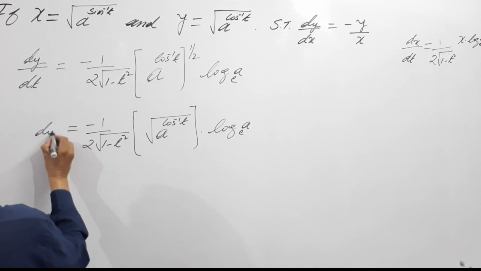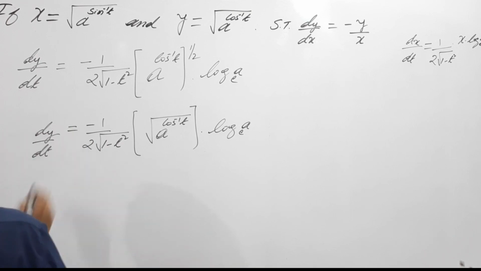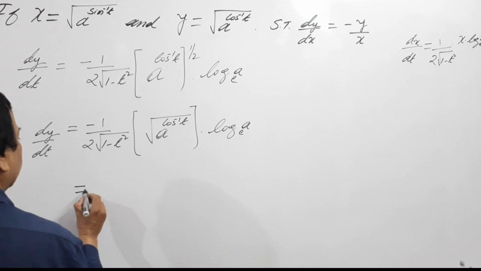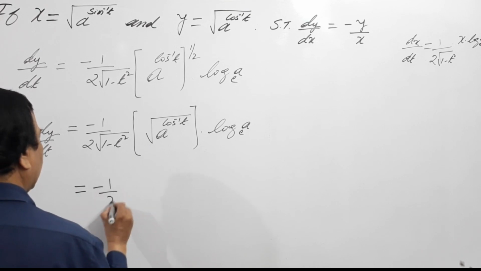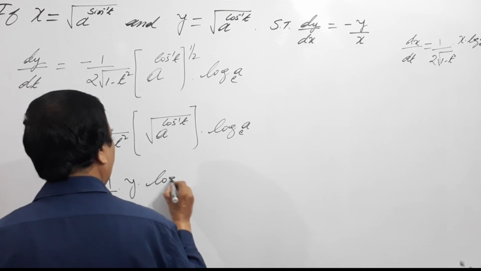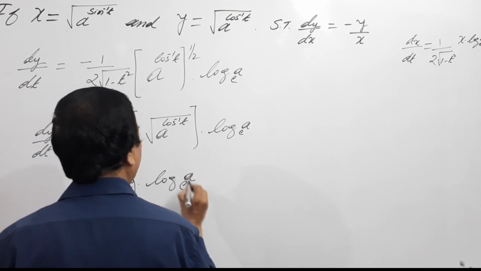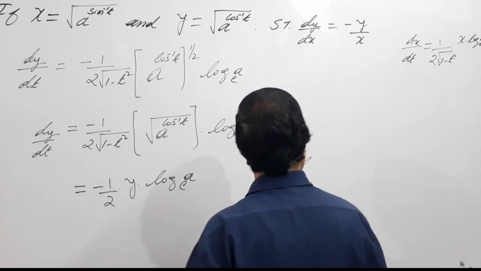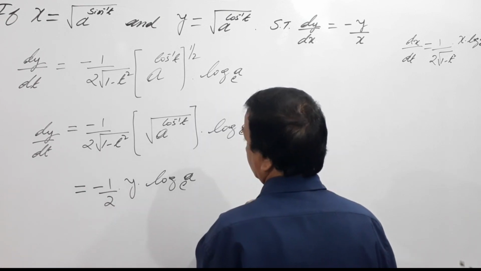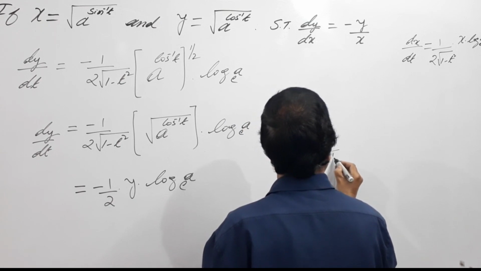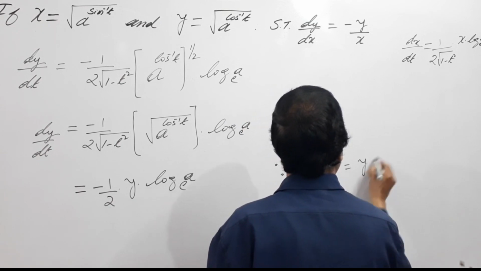This is our dy by dt, isn't it? So can I write it like this? This can be written as minus half into y log a to base e, since a to the power of cos inverse t equals to y.